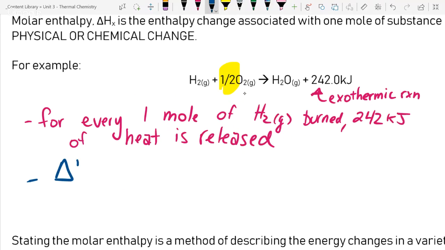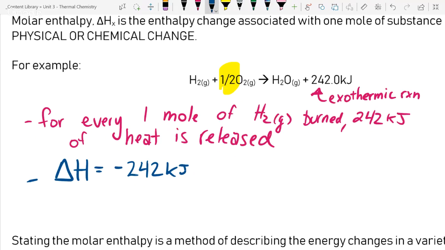All right, and the way we would say this then is the change in enthalpy is 242 kilojoules, but keep in mind, those chemicals, do they have 242 kilojoules more than they started with? They have 242 kilojoules less than they started with. So the delta H is negative.